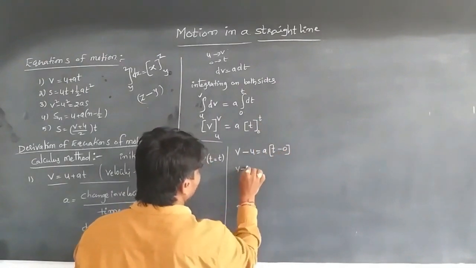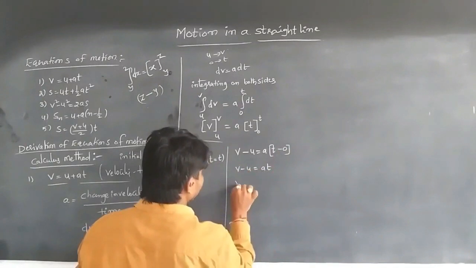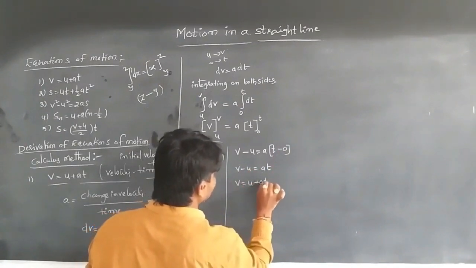Then we get v minus u is equal to a into t. From this relation, v is equal to u plus at.